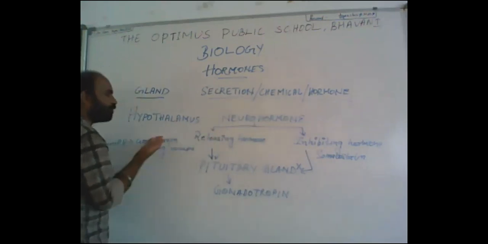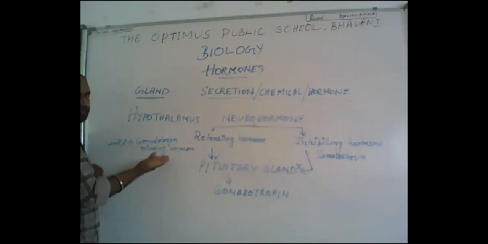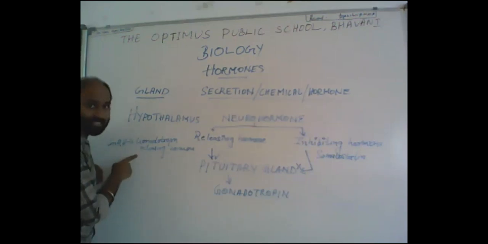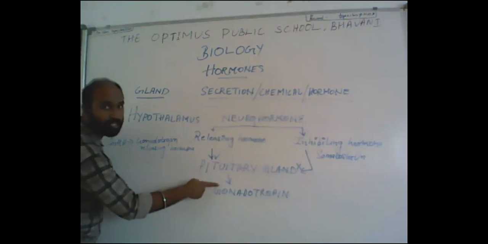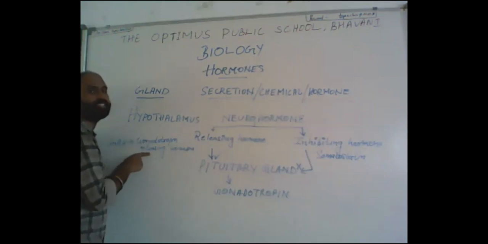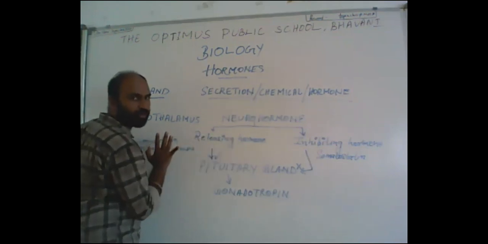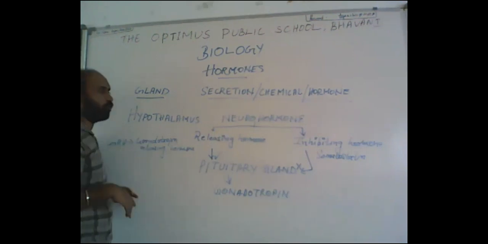An example for releasing hormone is gonadotrophin releasing hormone. What does this hormone do? It activates the pituitary gland to release gonadotrophin. That's why it's called gonadotrophin releasing hormone. GnRH is a type of releasing hormone.